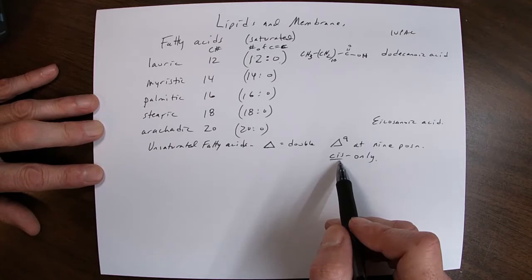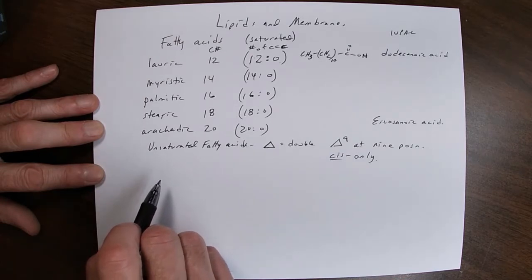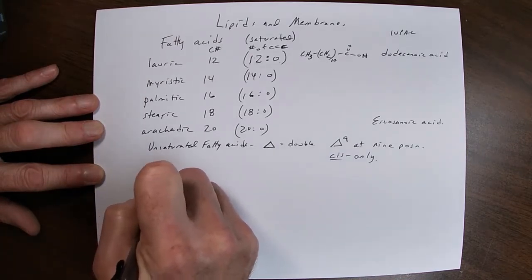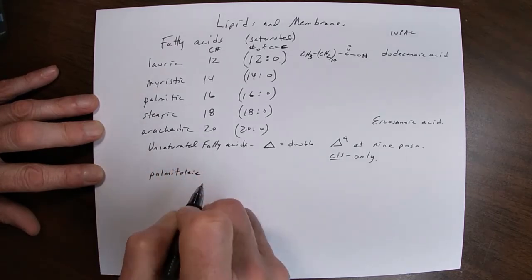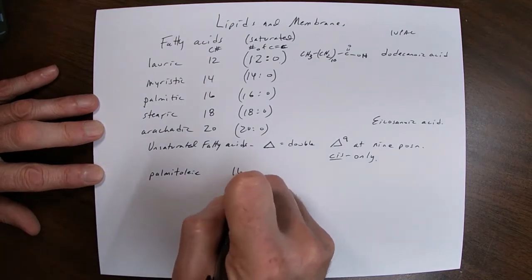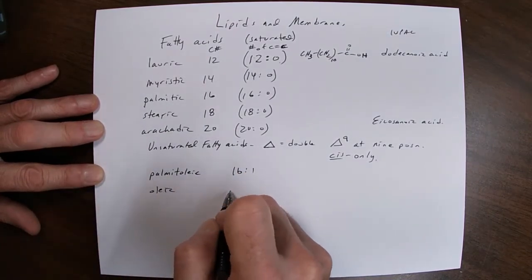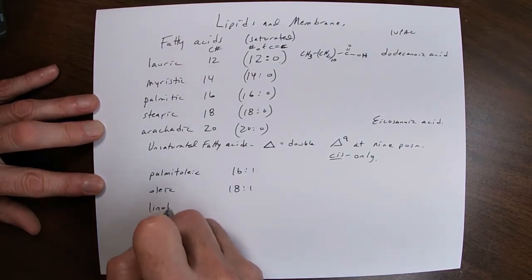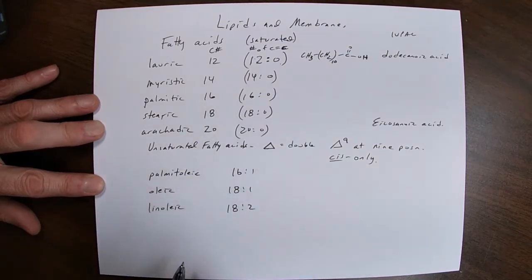Okay. All right, so we'll start with 16 carbons. So palmitoleic is a 16:1. Oleic is an 18:1. Linoleic is an 18:2.